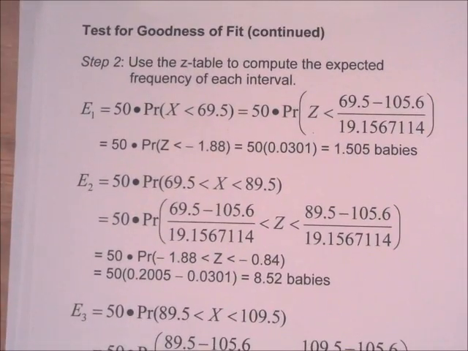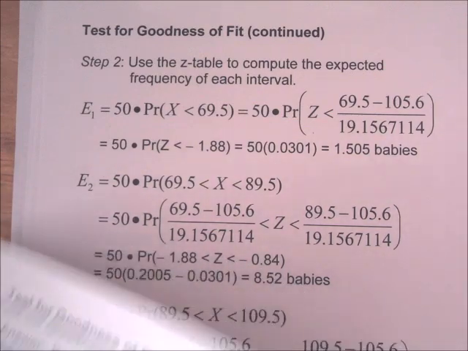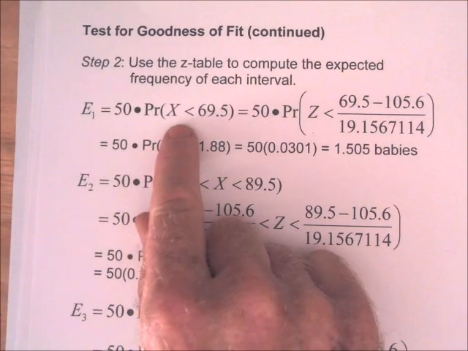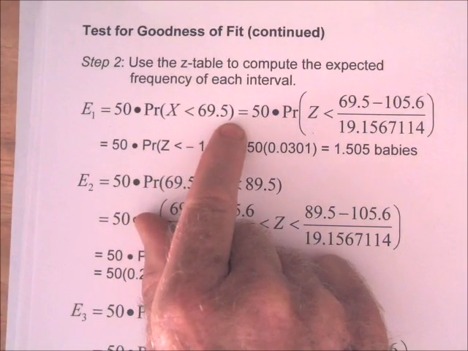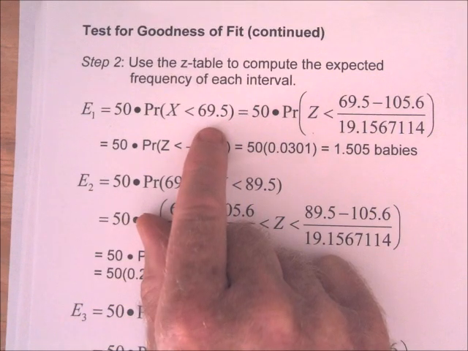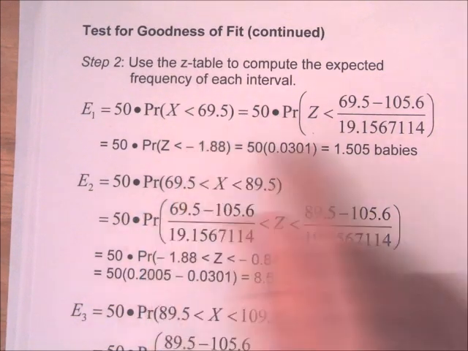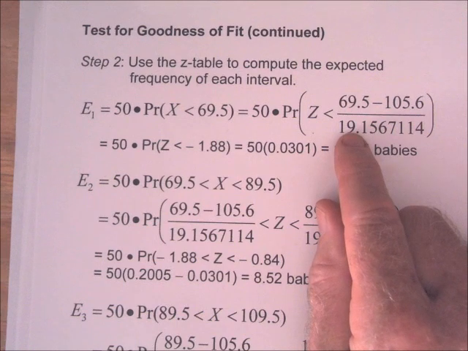We have 50 babies, so the expected number of babies in the first interval would be 50 times the probability that x is less than 69.5, and if H0 is true, it's going to fit the probabilities that are in the z-table.